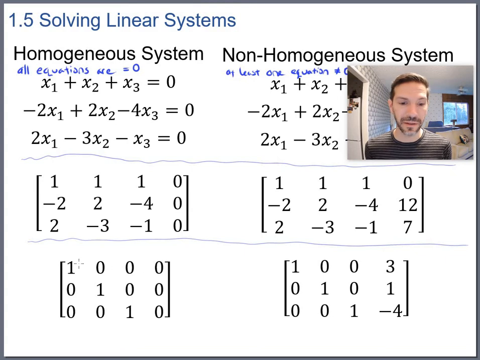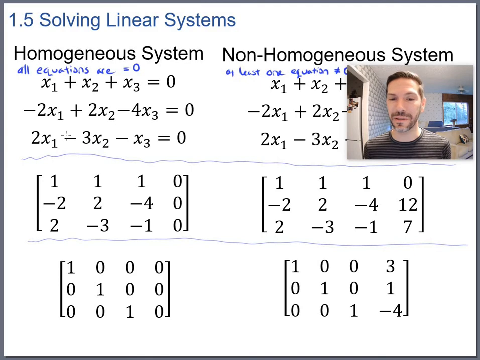You can see the first system has a solution of x1 equals 0, x2 equals 0, and x3 equals 0. By the way, if this is truly a homogeneous system of linear equations, that will always be a solution.